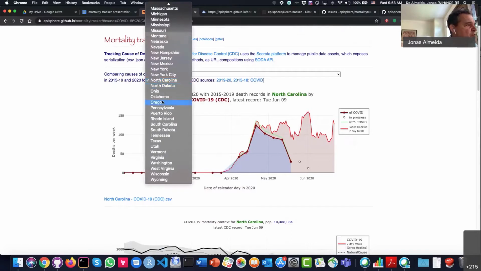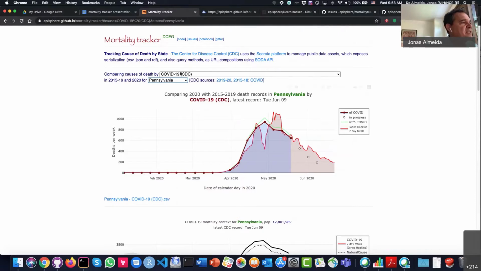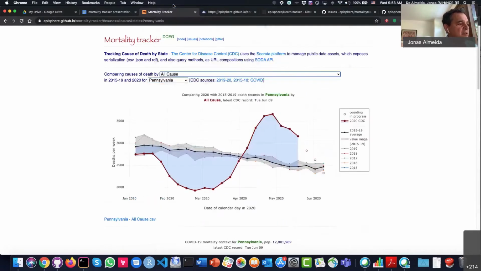For instance, this one is more unusual, Pennsylvania. So everything looks good as far as COVID, but when you go to anything else, I'm going to put all causes, you find out that for some reason, records are missing in these two months. So the interesting take-home message from these observations is that this is real data.